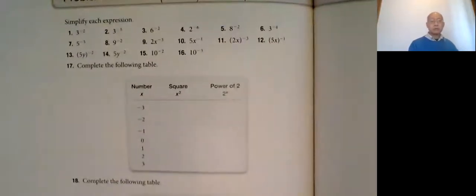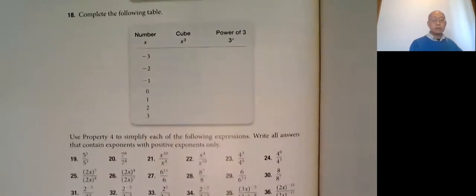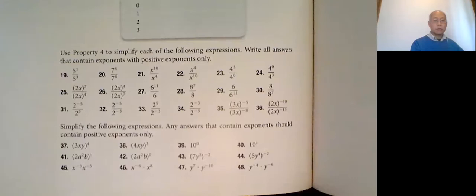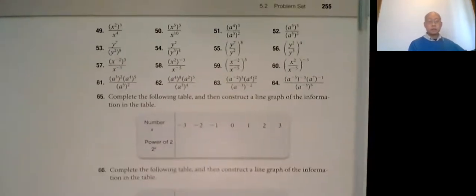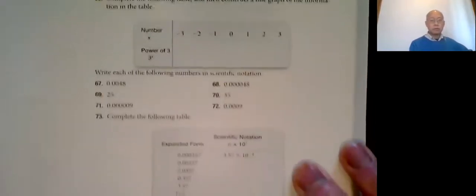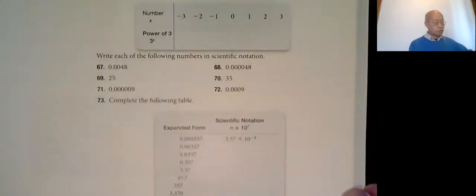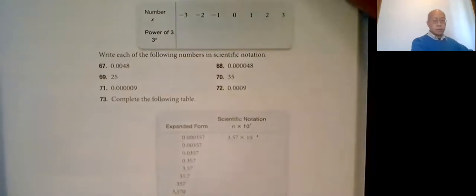So there are some problems up to about 18. Some more. Next page. Some more. 80.